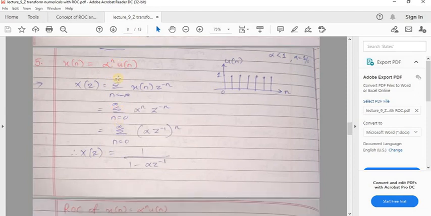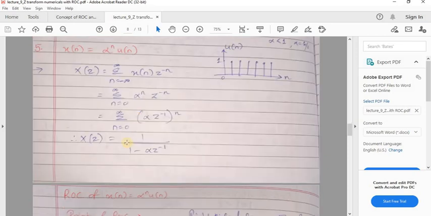Next we have to see this, which we have solved already. It is a right-handed sequence with a pole. So this is the answer for that problem, and this is the point at which we have to find out the region of convergence. So the condition is: mod of alpha z inverse should be less than 1.